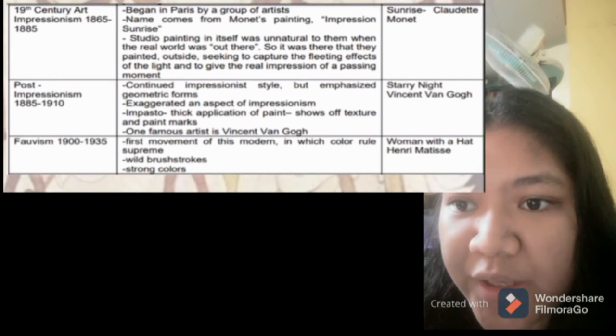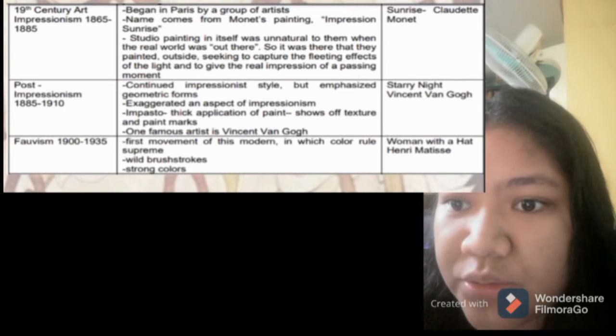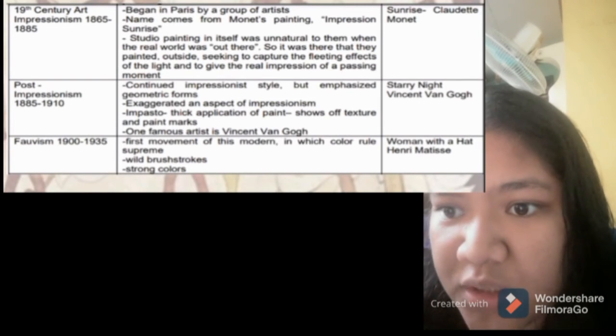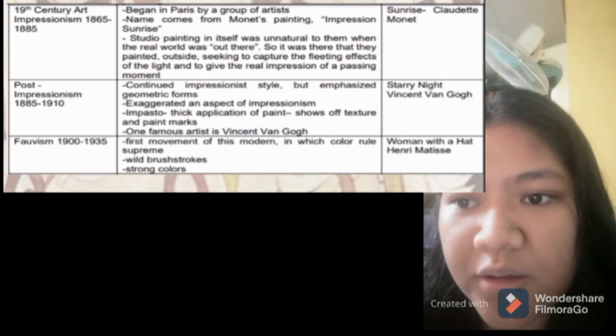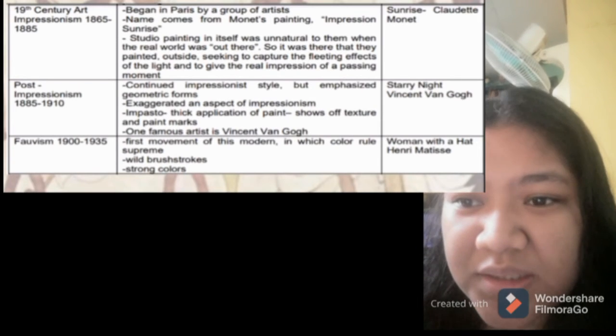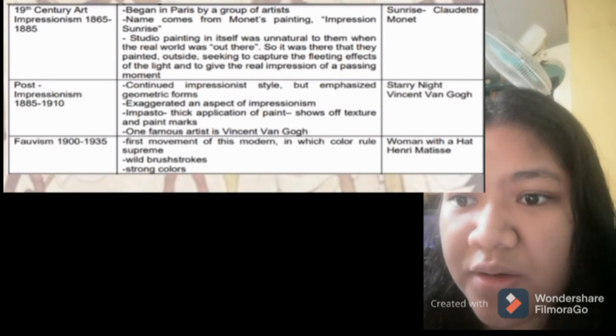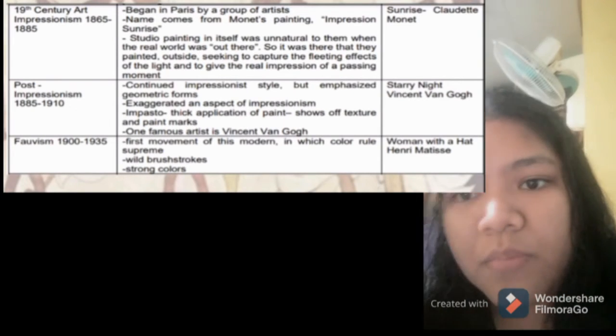The name comes from Monet's painting Impression, Sunrise. Studio painting in itself was unnatural to them when the real world was out there. So it was there that they painted, outside, seeking to capture the fleeting effects of the light and to give the real impression of a passing moment.